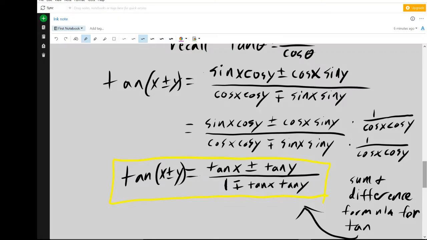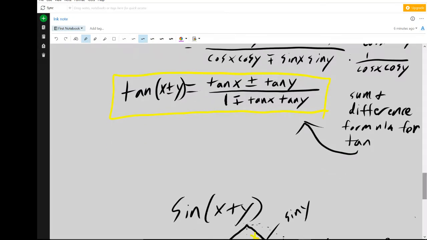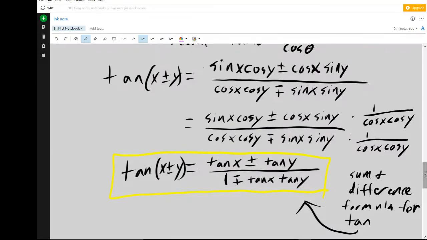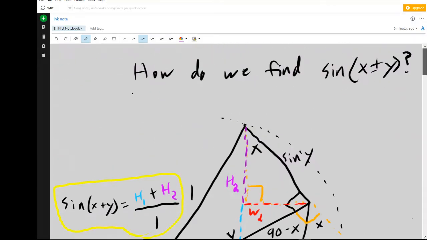When we do cosine x cosine y over cosine x cosine y, well, that's a term divided by itself, and that's just 1 minus plus, and then it looks like we're going to get both tangents, right? Tan x and tan y. This is, in fact, the sum and difference formula for tan. So, with that said, that should do it for our sum and difference formulas.